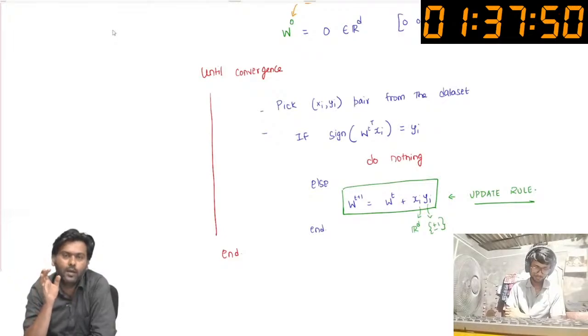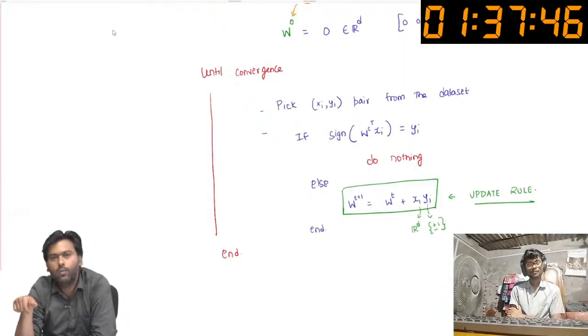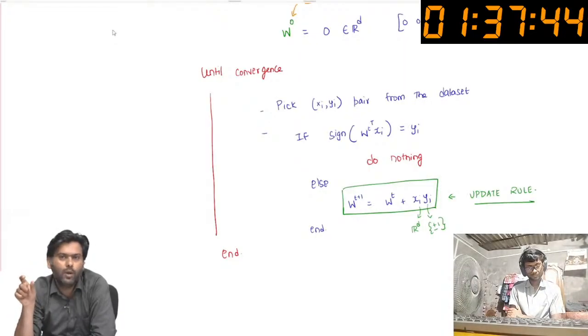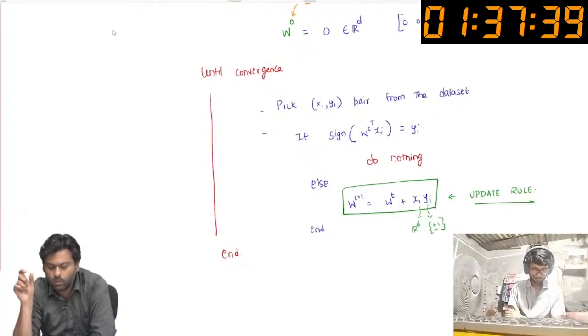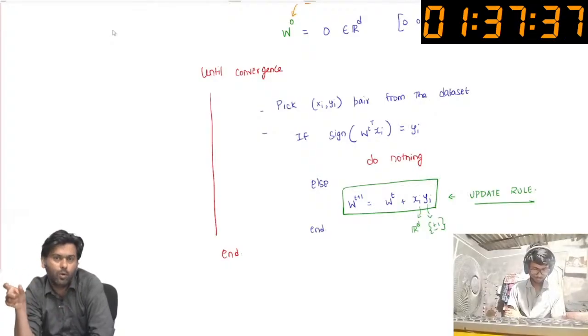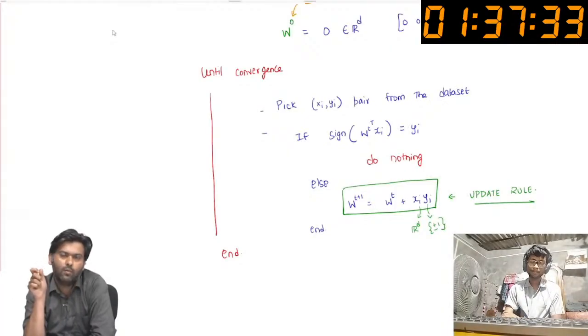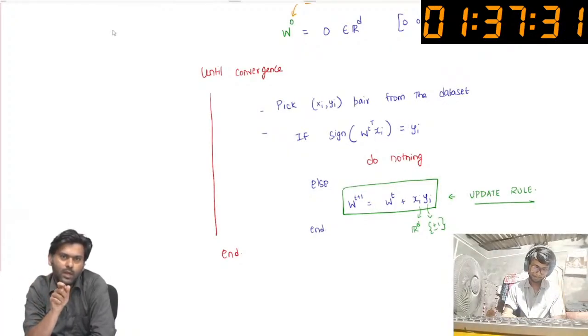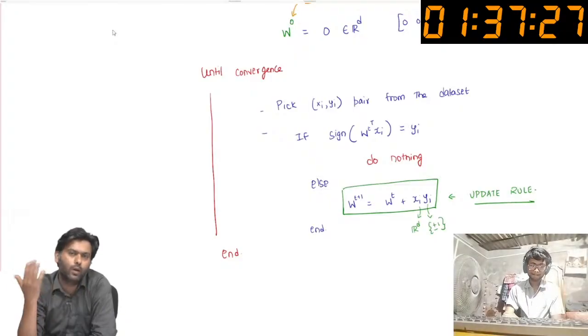So, all you are doing is, you are maintaining a current W, you are looking at all the points in your data set. If you can find a point where the current W is going wrong, then you make an update to the current W based on the point where you have made a mistake. That is, you take the point xi yi where the current W Wt makes a mistake, and then just add xi into yi to your Wt to get your new W.